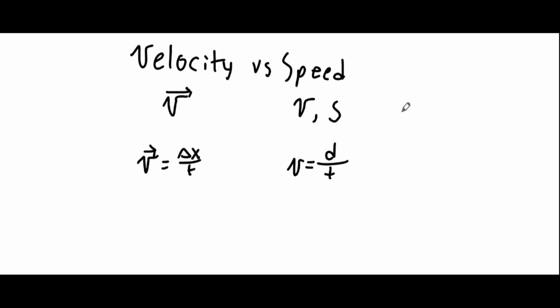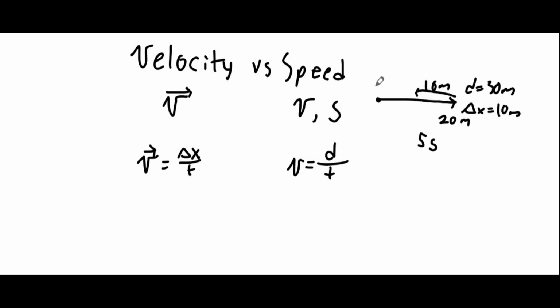So if I start here and I go 20 meters and then I go back 10 meters and I do this whole thing in 5 seconds, this is going to be a distance of 30 meters and a displacement of 10 meters.